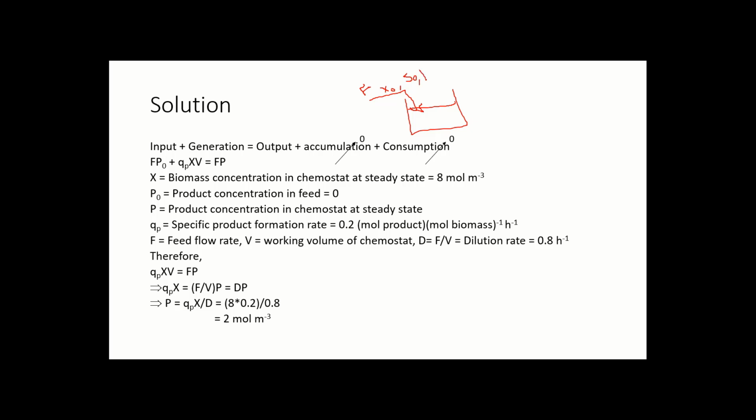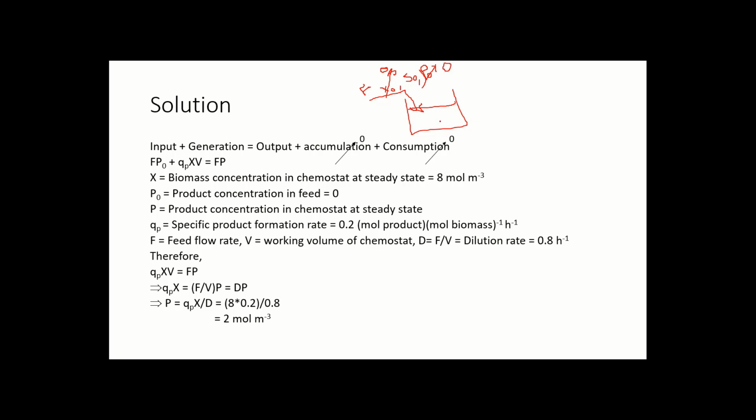But if our feed is sterile, then x naught will be 0, right? There will be no x naught, and in the feed there is no product, right? Product will be formed inside the chemostat.